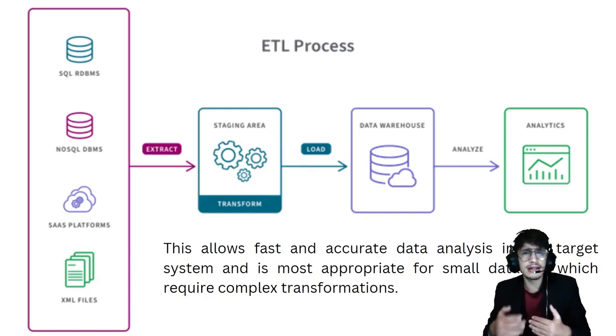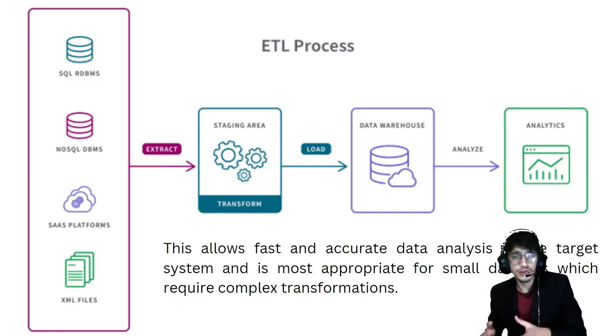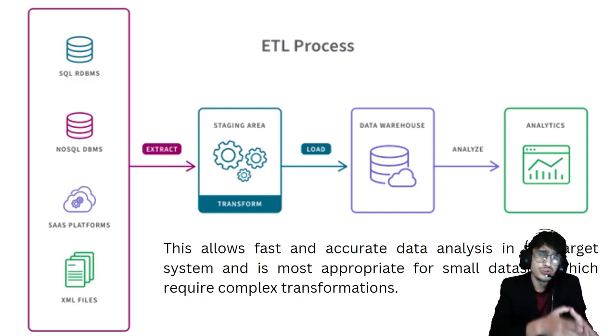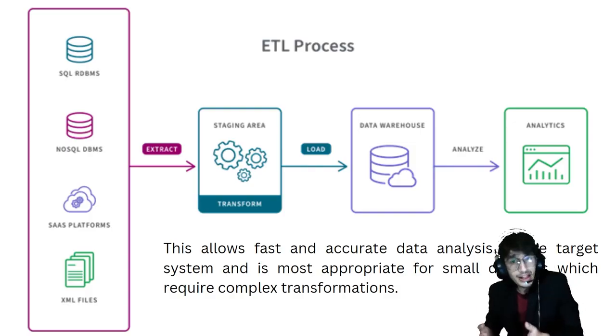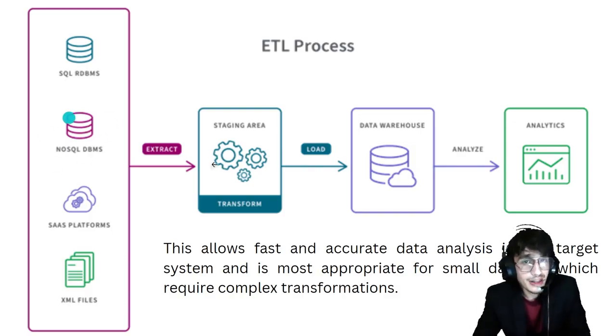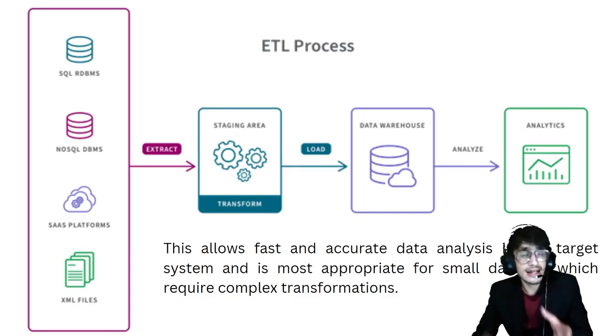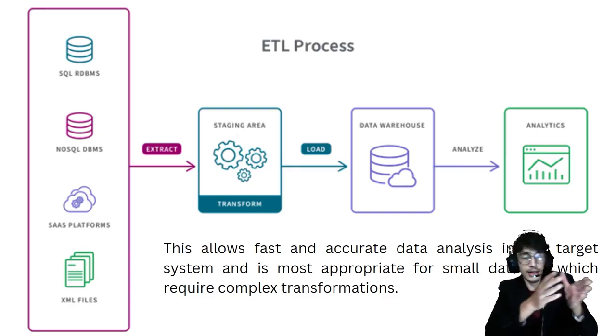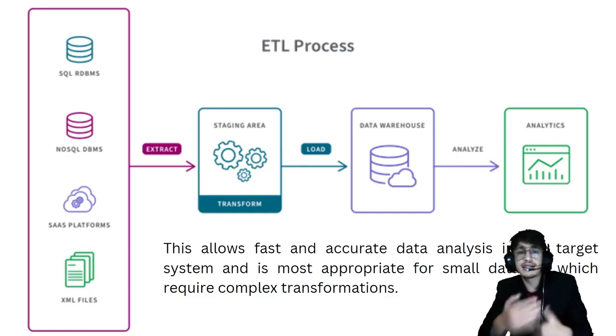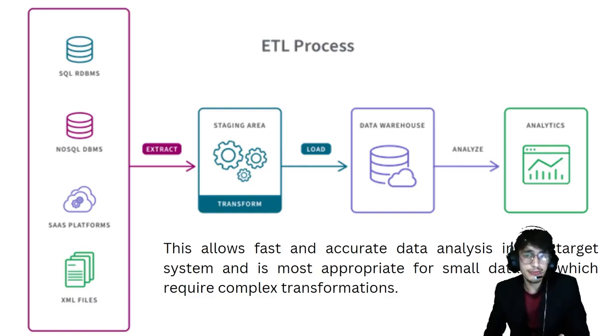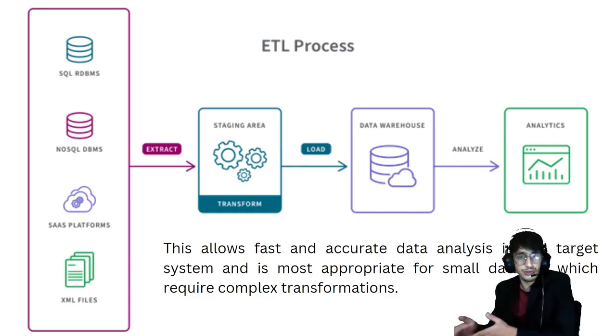It would be very time consuming. So that's why for the ETL process we use it for small data which has complex transformation. For complex transformation we have a staging area where we transform the data; the batch comes here, quickly goes through the transforming stage, and then it's collected in the data warehouse.